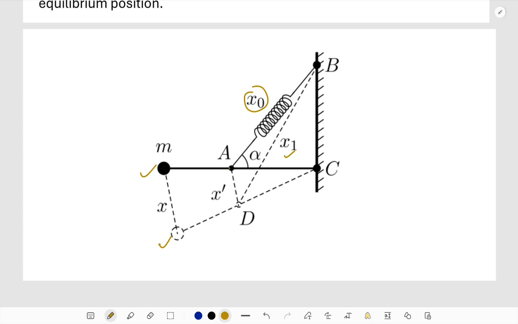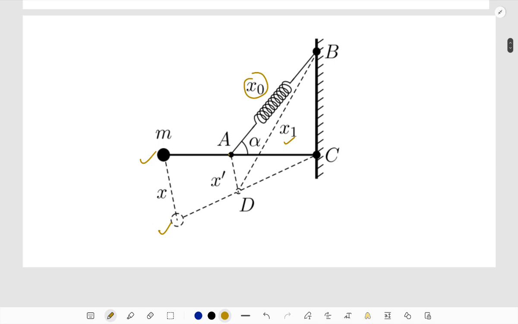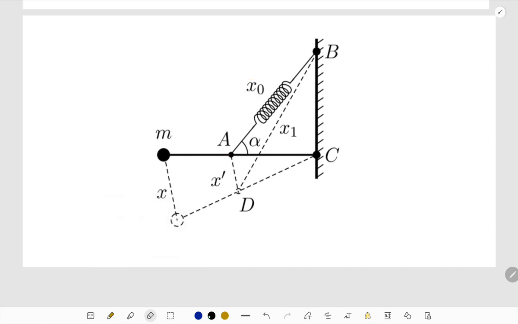What can we do next? We have explained everything, but how are we going to solve this problem? Since all the extensions are small, this length x1 is slightly greater than x naught.